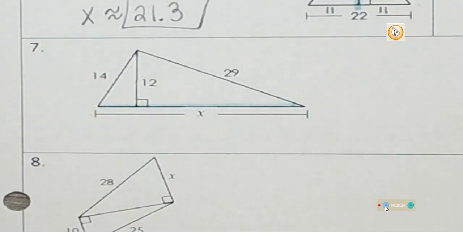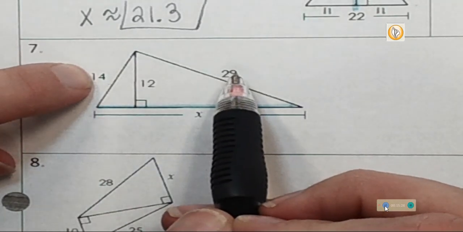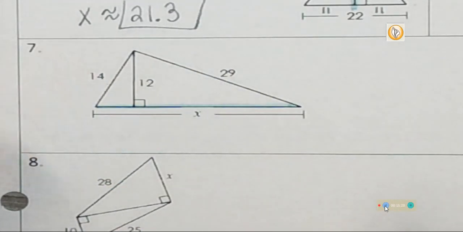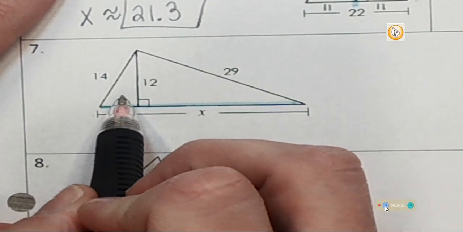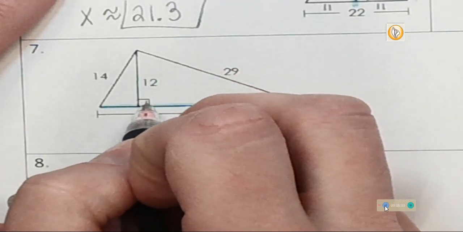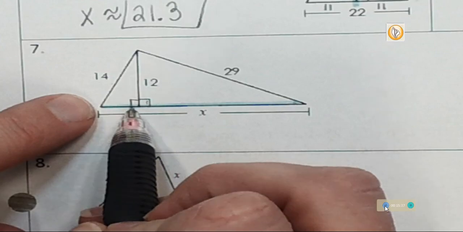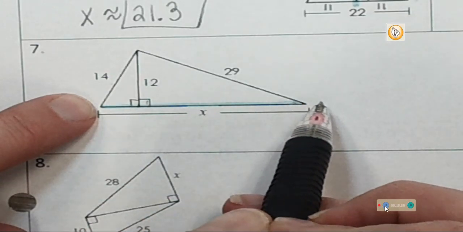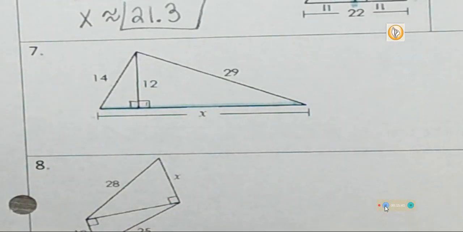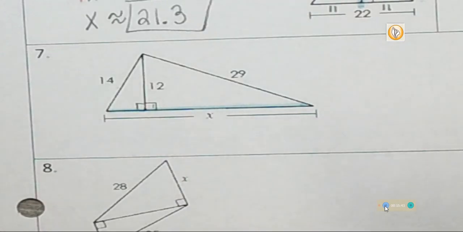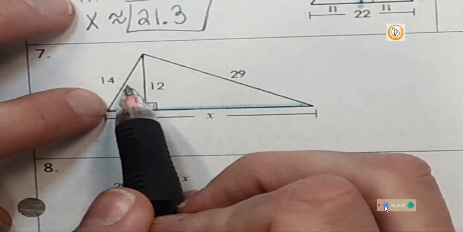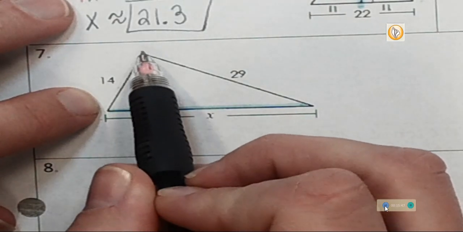But you can't do 14 squared plus 29 squared because this is not a right triangle. You do, however, have 2 smaller right triangles. Since this is a right triangle, so is this. I need to find these 2 smaller pieces, and then what will I do with those? Add them together.